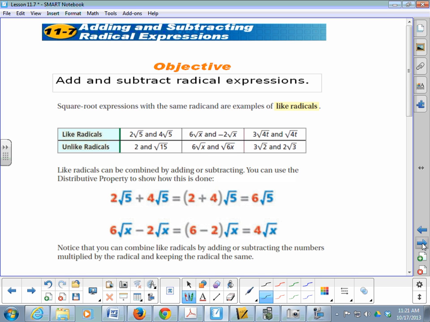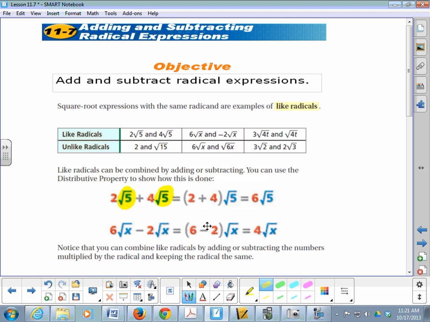And we all know that 2 plus 4 is 6, so I have 6 square roots of 5. So if these things are the same, then I just add their coefficients. The number in front of them is called the coefficient.